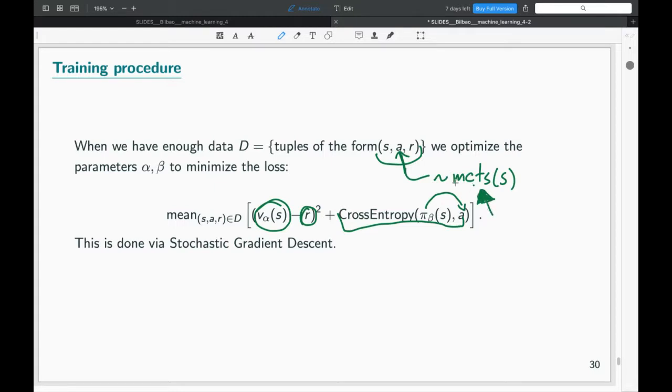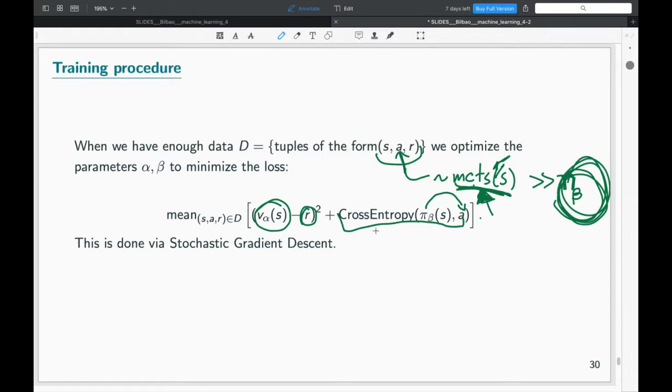So this is a much better policy than pi_beta. So if we are training pi_beta to resemble this policy, we are making very big improvements on pi_beta because this policy is expensive computationally. It comes from sophisticated computations.